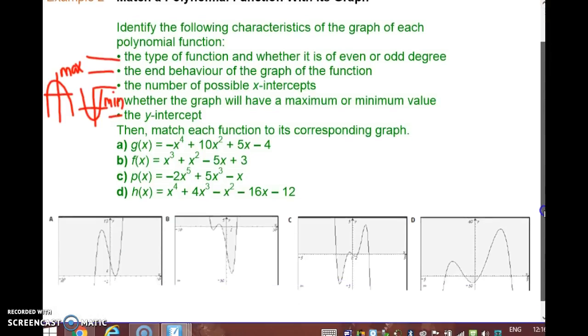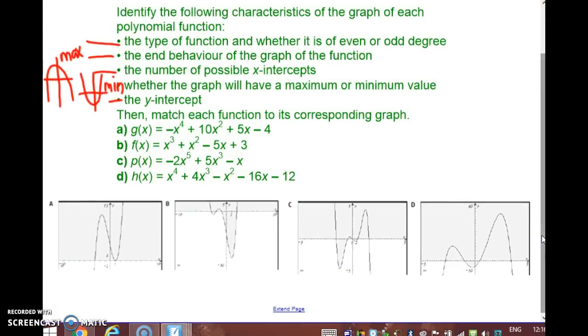So looking at A, if we had to match the pictures, it's even power and negative, so it makes a frowny face, quadrant 3 to quadrant 4.